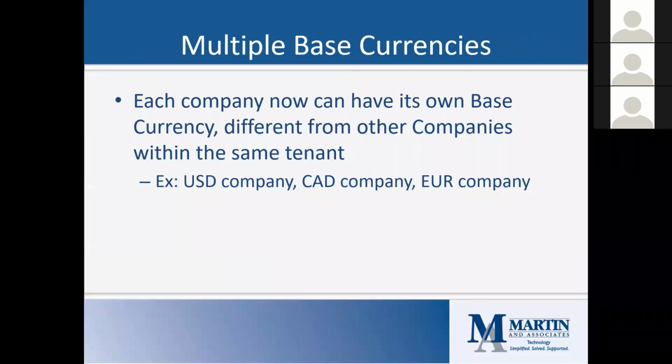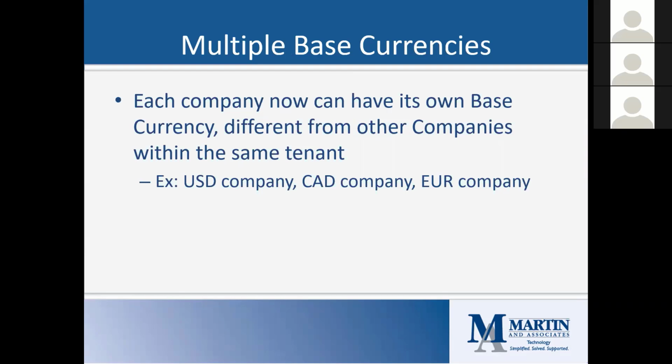So that covers that. All right, a big one again in the system: multiple base currencies inside of a single tenant for different companies. So just as an example, you have a company in the US and their base currency is dollars. Let's say you've got a company in Canada and their base currency is Canadian dollars.